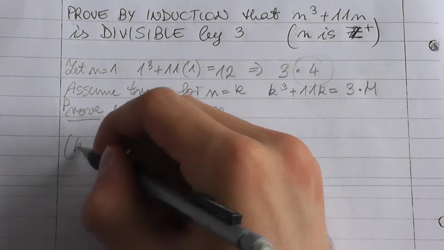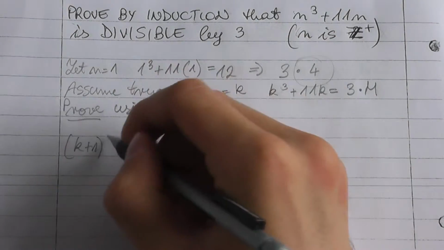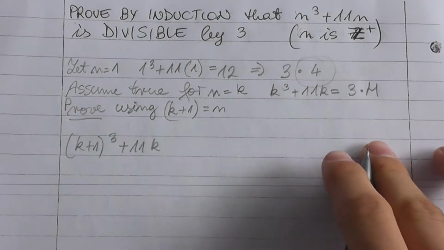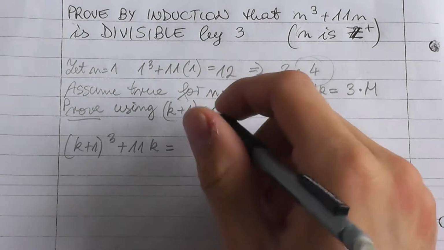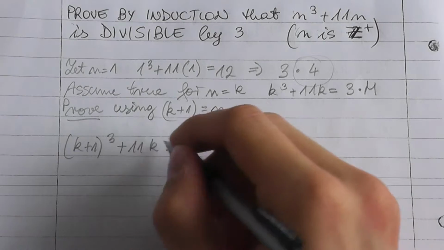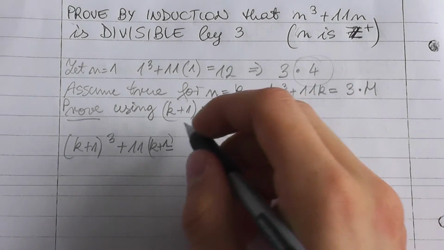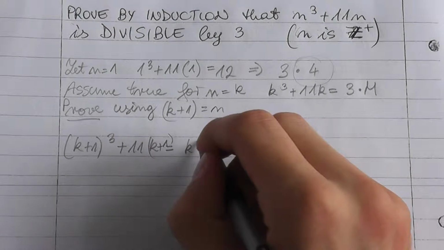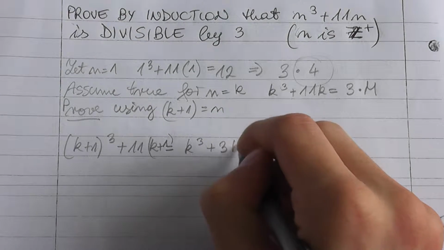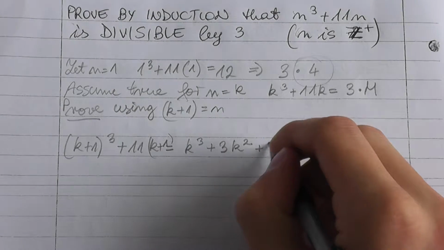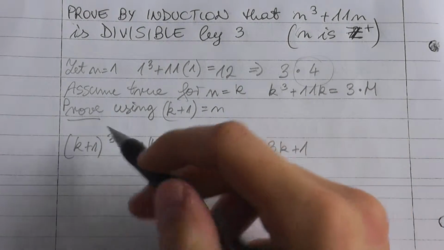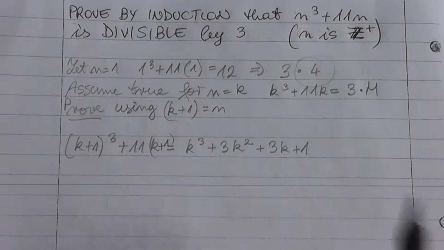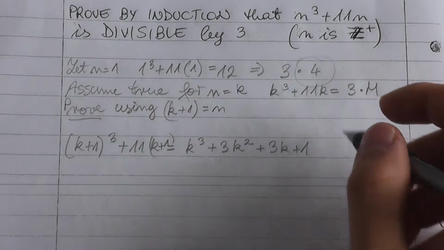It will get us here: k plus 1 cubed plus 11, sorry, I meant 11 times k plus 1. I forgot the 1. When you expand this, you get k cubed plus 3k squared plus 3k plus 1, right? This is just binomial distribution. You can watch my binomial distribution video if you don't know what I have just done here.